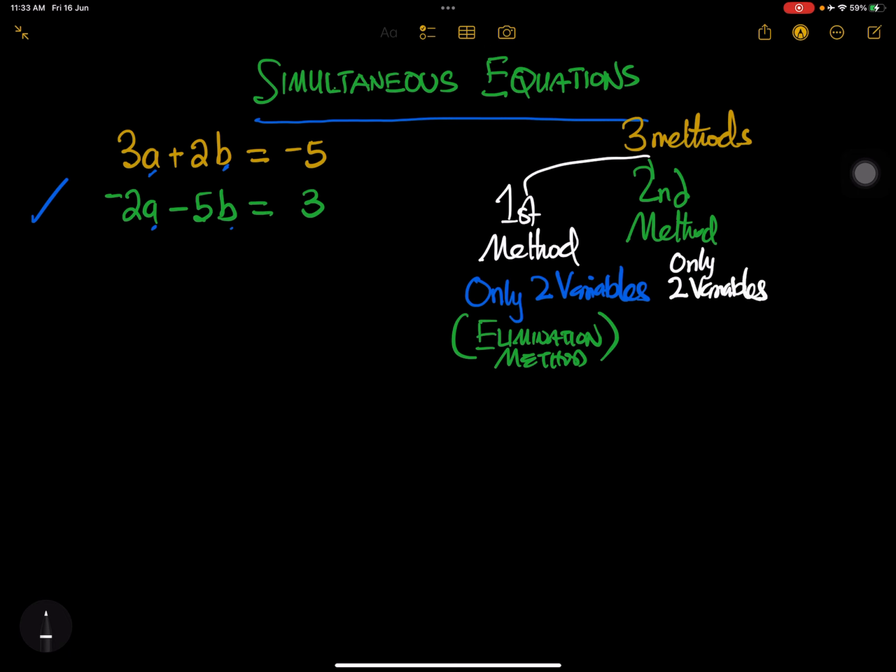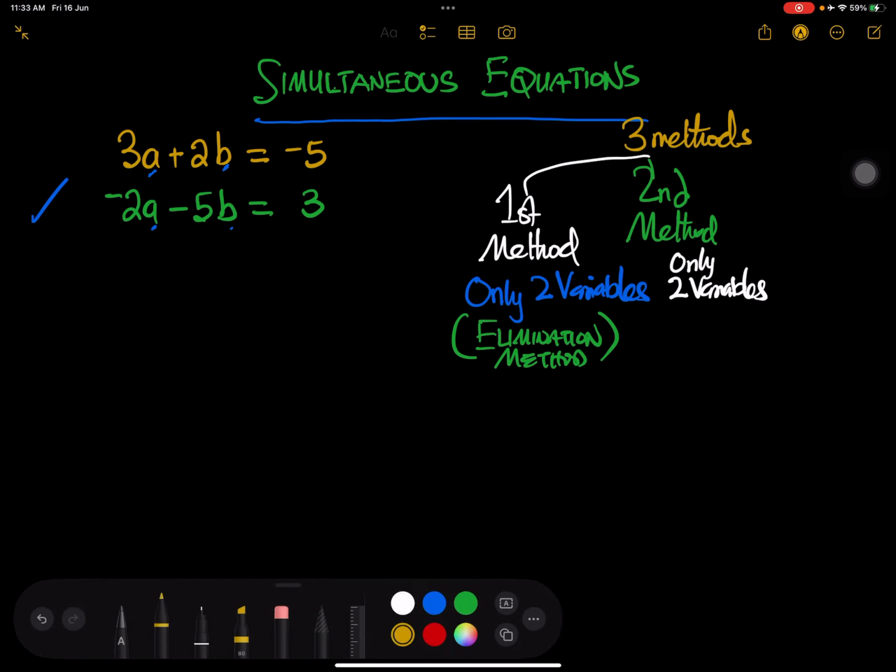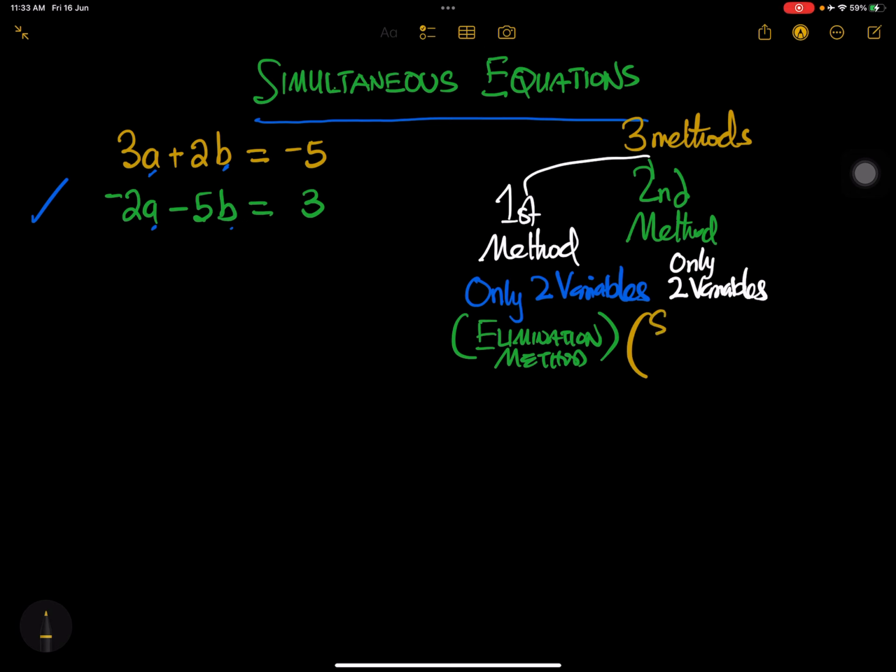When two variables are involved, we can use this method, and it is known as the substitution method. So it depends on which one will be easier for the individual. If the elimination method is easier, or the substitution method is the one which is easy, then the person will like to use either the first method or the second method.